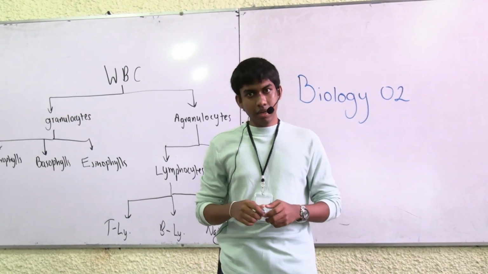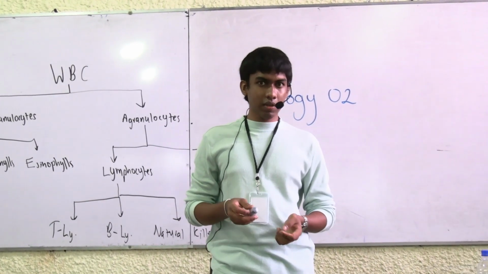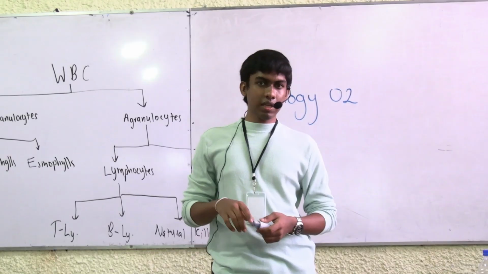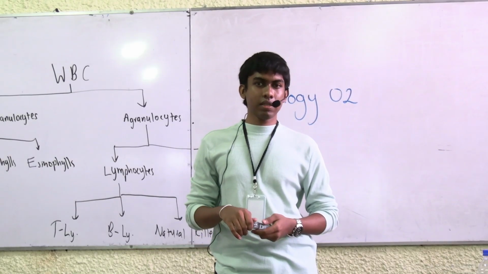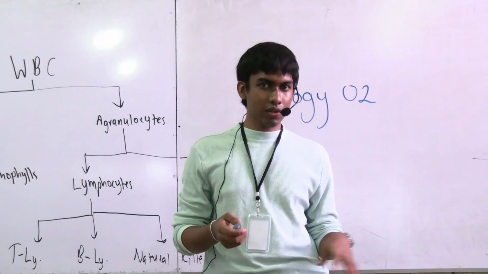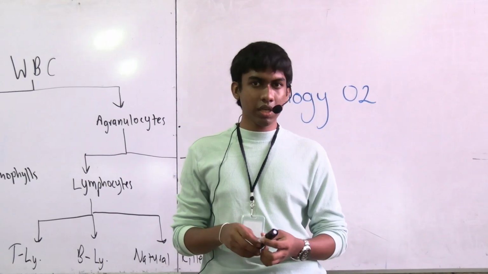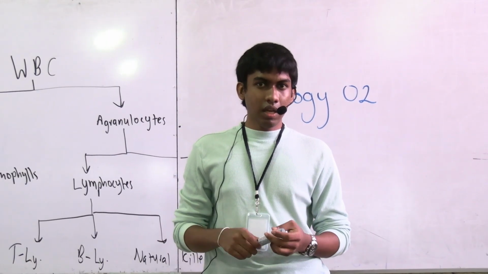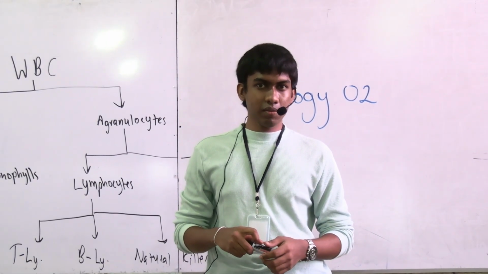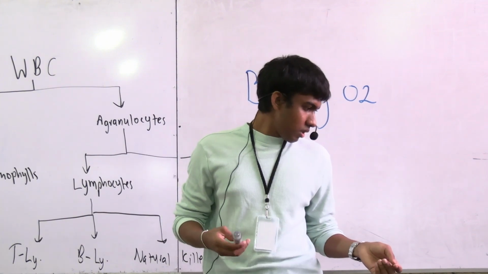When you're exercising and your blood glucose level decreases, the pancreas secretes glucagon, which causes that stored glycogen to convert back into glucose, which is used by your skeletal muscle cells, cardiac muscle cells, and your brain. So that's the function of glucagon.